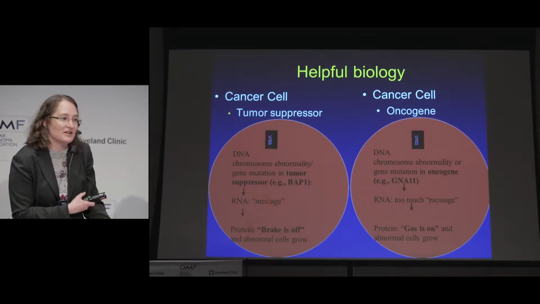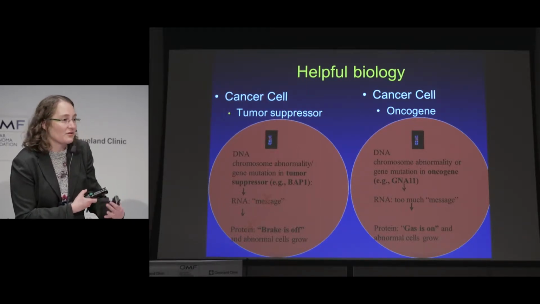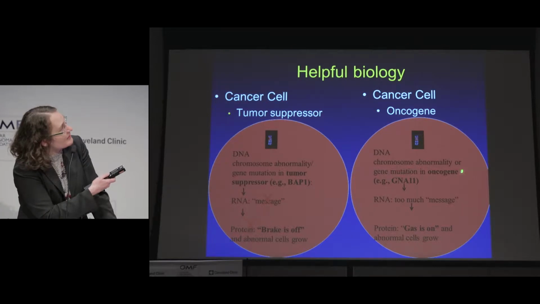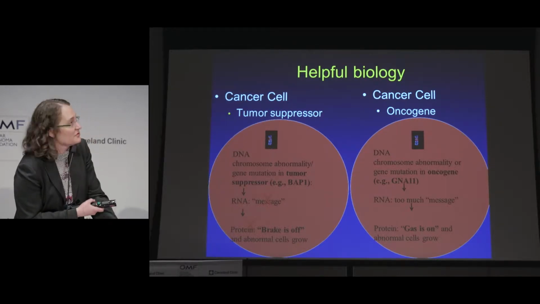You could also have a mutation in something called an oncogene. That is a gene that if it's mutated, it can gain a function of making the cell grow too much. It's kind of like having the gas pedal stuck on. That's over here on the right. An example of an oncogene for uveal melanoma is GNA11 or GNAQ. You might have heard of some of those genes.